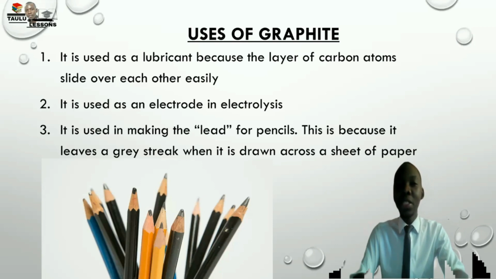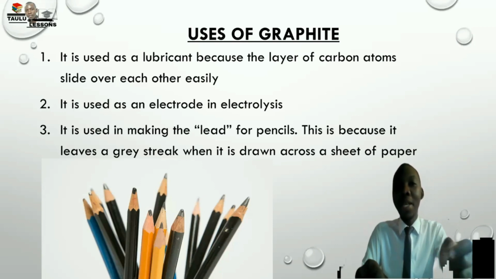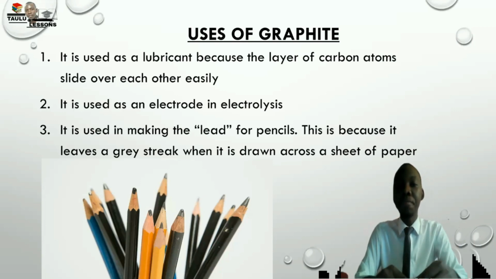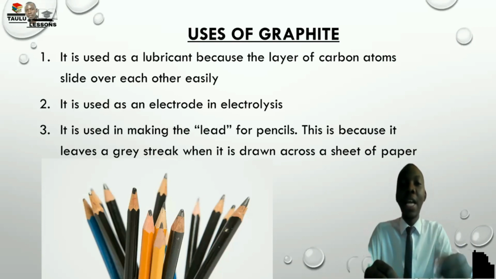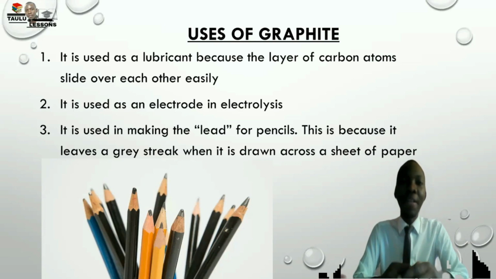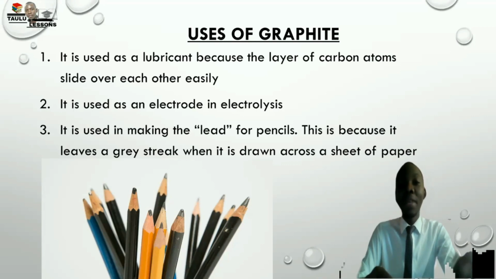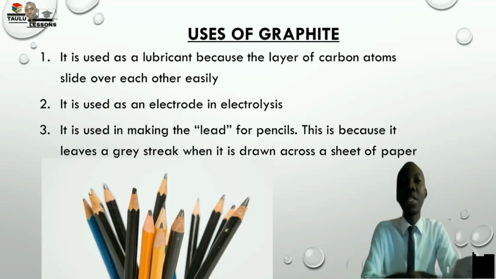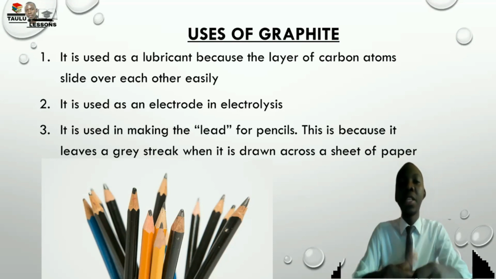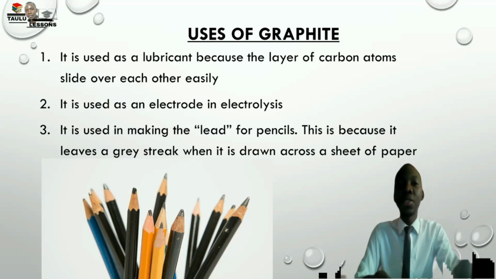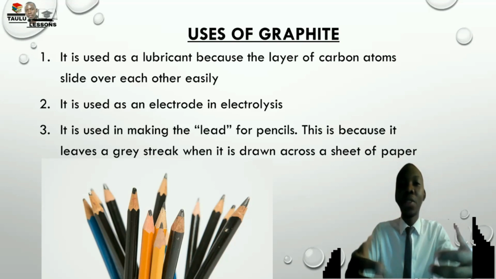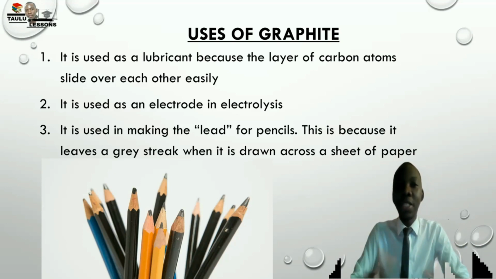Under electrolysis, most of the electrodes are made up of graphite. An electrode, by definition, is a solid conductor used in electrolysis.